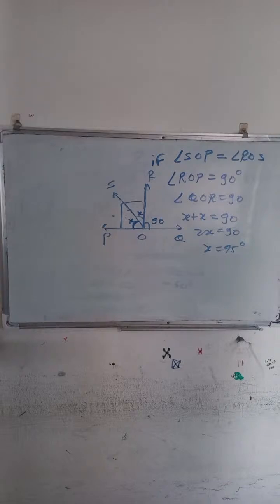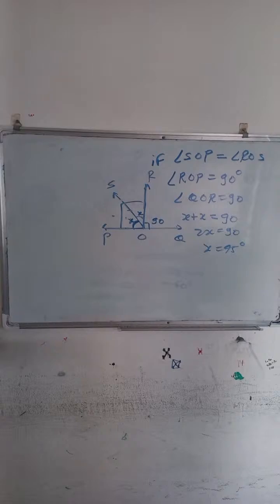Here, if x and 3x minus 20 are a pair of vertically opposite angles, then find the value of x.